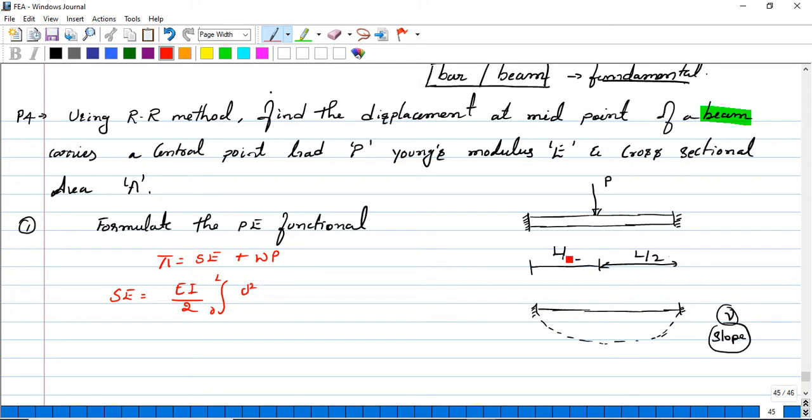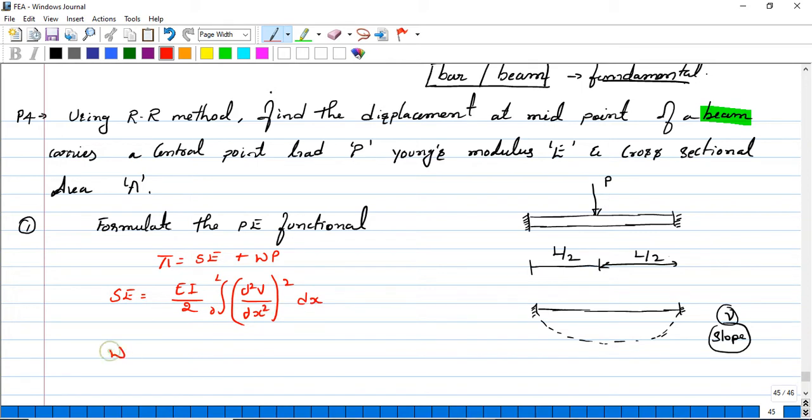Here, as I said, we are considering displacement in the vertical direction, so the alphabet will change to V.